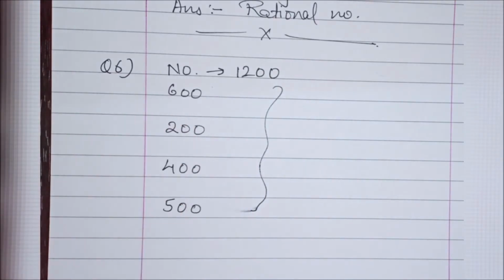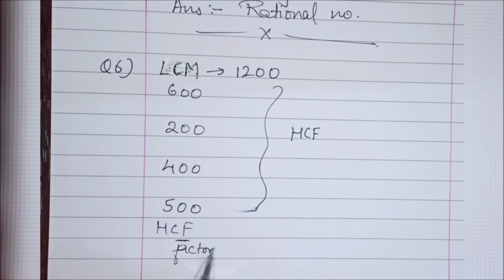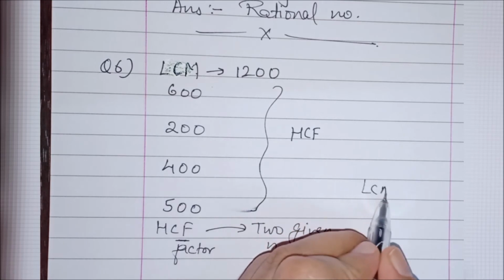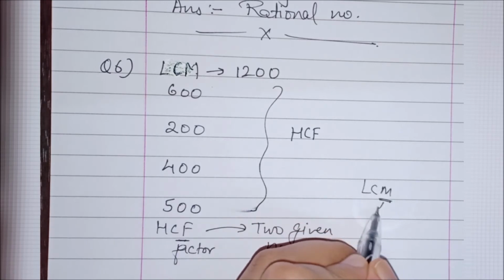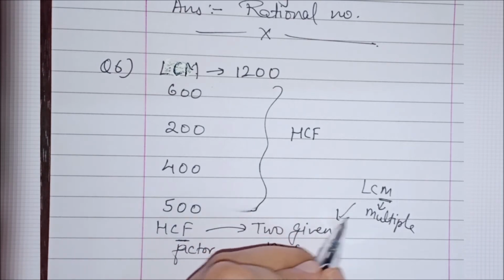In this question, the LCM is given to be 1200 and there are four numbers: 600, 200, 400, 500. Which one should not be the HCF? Now, to understand this, we have to know this property: HCF means highest common factor. That means that HCF is going to be a factor of the two given numbers. And LCM has the word M, which stands for multiple. That means LCM is a multiple of the given two numbers.